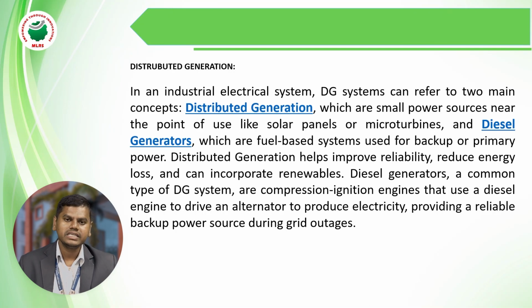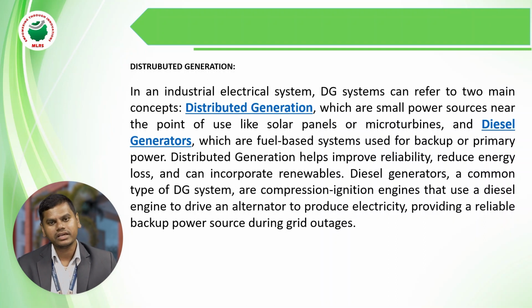Next, DG systems, not DC, DG systems. DG stands for distributed generation. In an industrial electrical system, DG systems refer to two main concepts. What are the two main concepts here? Distributed generation and diesel generators.